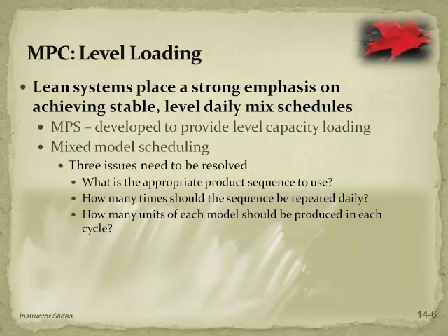We're trying to achieve a smooth, rapid, balanced flow. If we are trying to produce one week 1,000 units of a certain part, and the next week 10,000 units of that same part, that's going to be very difficult to achieve some type of a smooth, balanced flow whenever the volume changes so much.